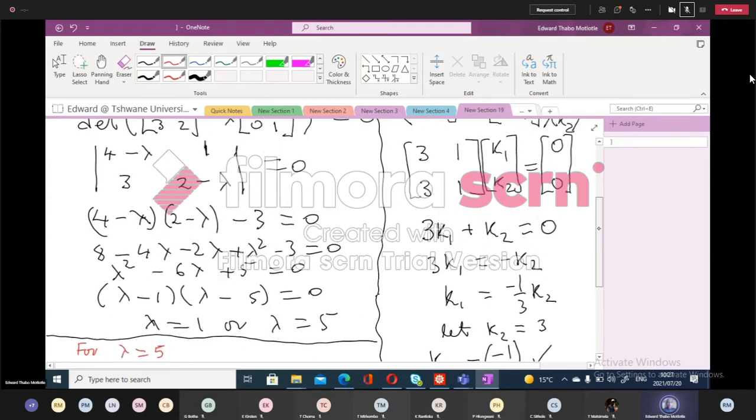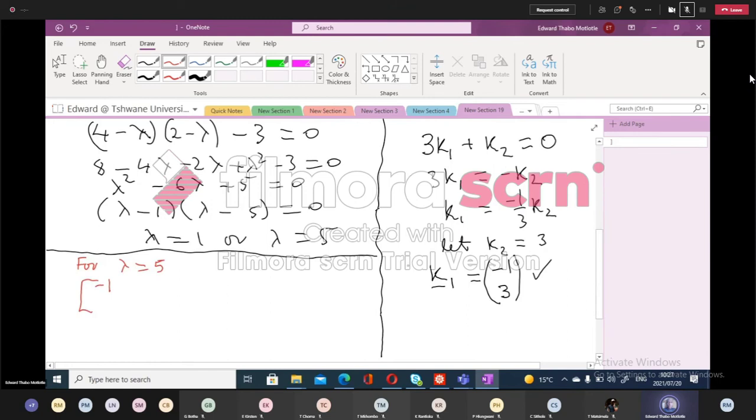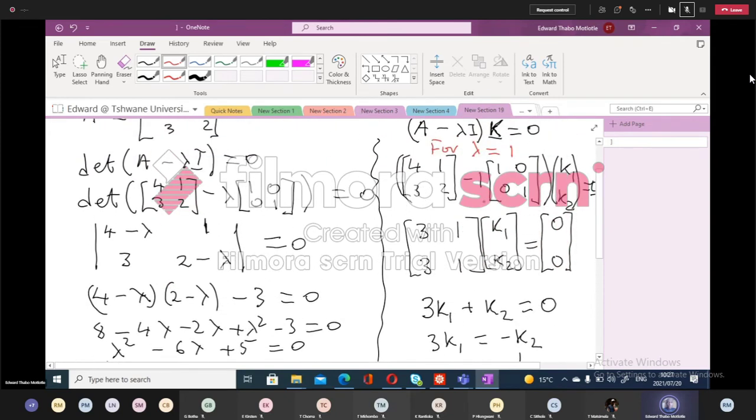Okay. And this one remains 1, since 1 minus 0 is 1. Now we substitute 5 over here, still minus 5 here, so 3 will remain 3. Is that the case? Let's see. I said 4 minus 5 gives me minus 1, so it's minus 1 and 1.